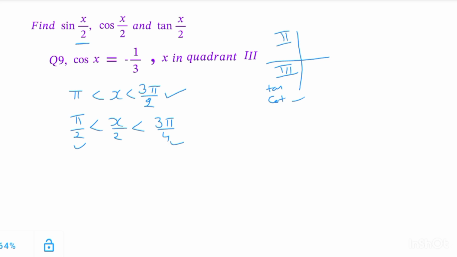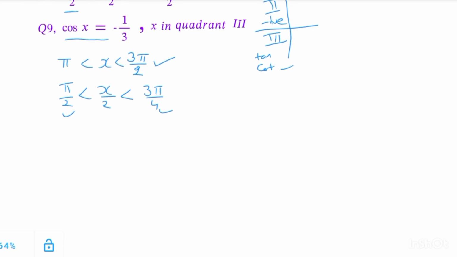So in this quadrant only sine and cosec are positive. All the values will be negative. So now let us solve this question. Now this is simple because in 8th question tan was given and from tan we have calculated sec and from sec we obtained cos. But here directly cos is given. So this makes this question more simpler. So let us solve this.